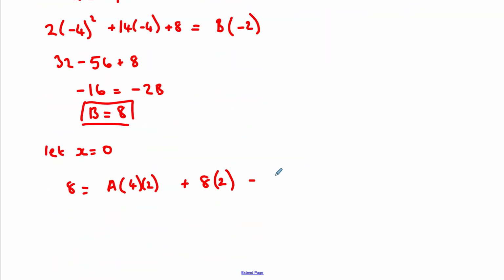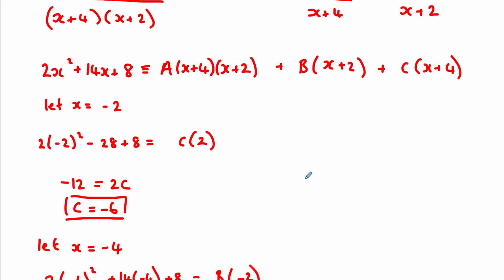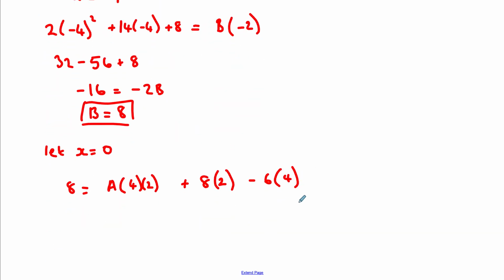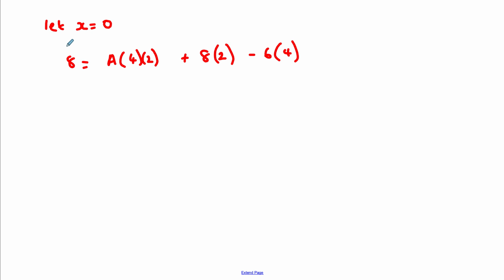And we know c, we worked that out as well. c was -6, and that's going to give us 0 plus 4 is 4, and we've only got one unknown. So we've got that 8 needs to equal 8a plus 16 minus 24. If I subtract that, that's -8, so that's going to give me 16 equals 8a, so a is equal to 2.